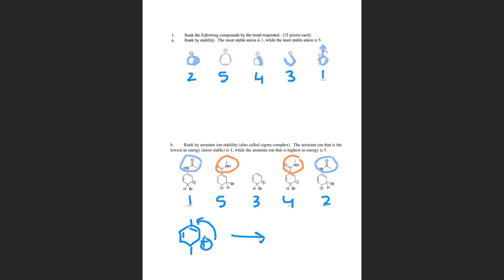Where's the orange? So the orange is an electron withdrawing group. And the difference is in what part is attached to the aromatic ring. So in the blue ones, you have your NH, and the NH has a lone pair on it, and that lone pair increases the reactivity of the ring.